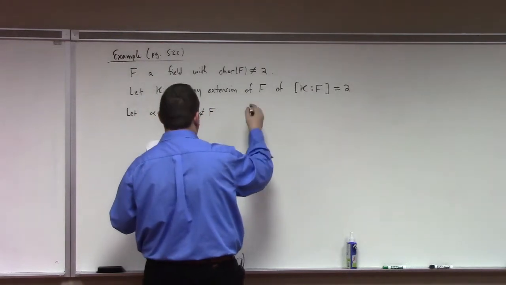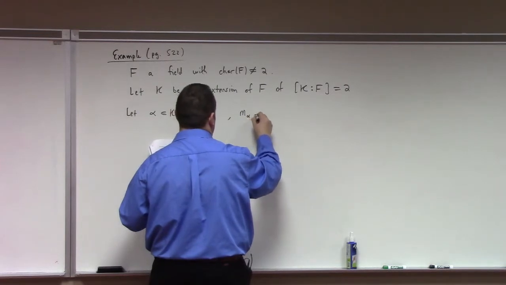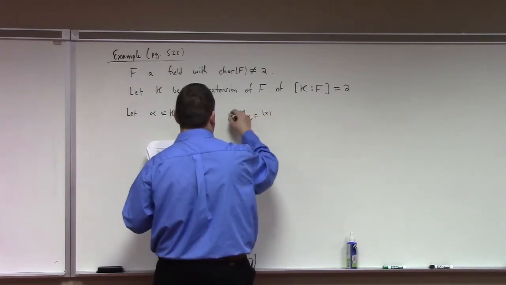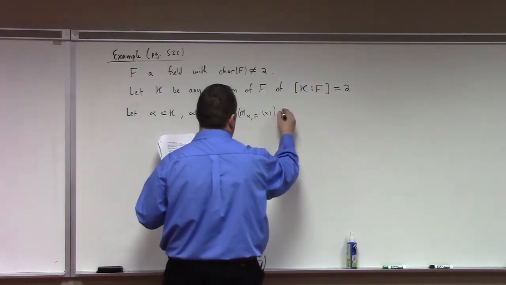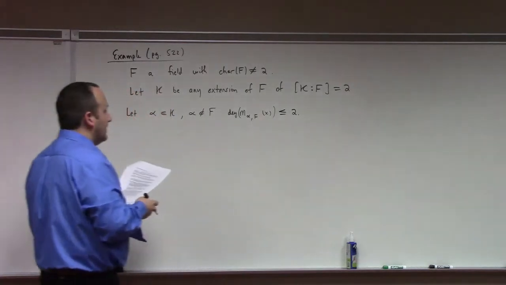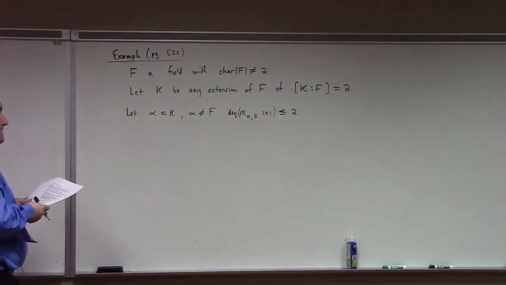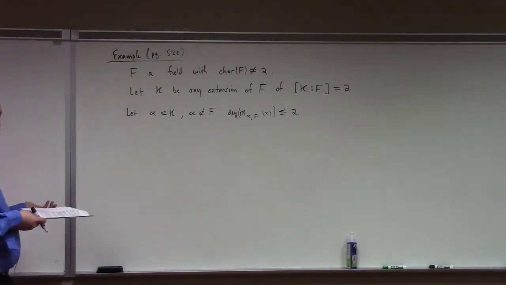So like the minimal polynomial of alpha over F of X has degree what? Less than or equal to 2. But of course it cannot be degree 1, because if it was degree 1, that would mean alpha's in F, right?